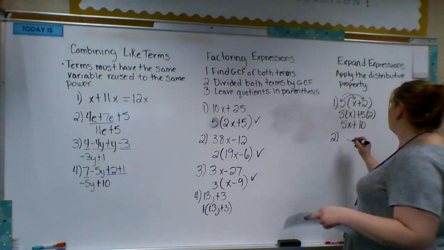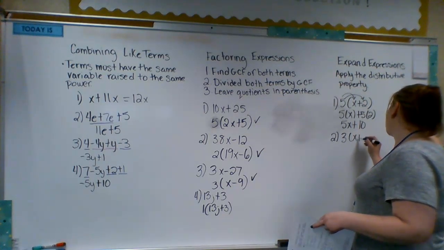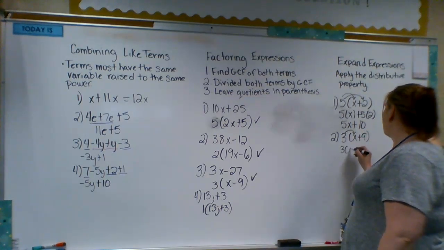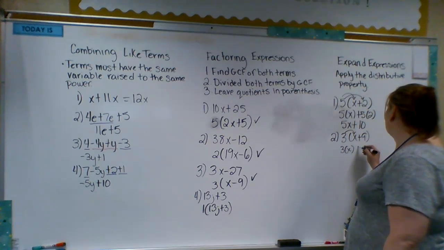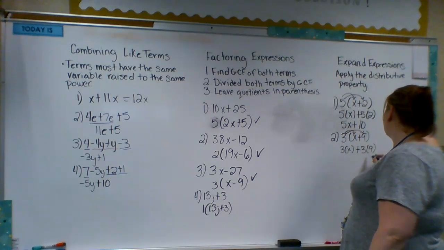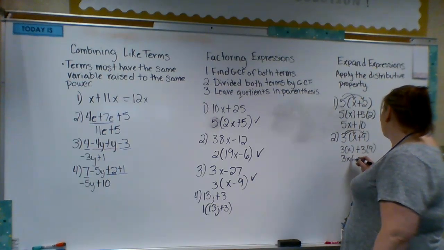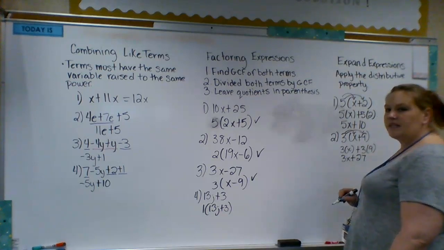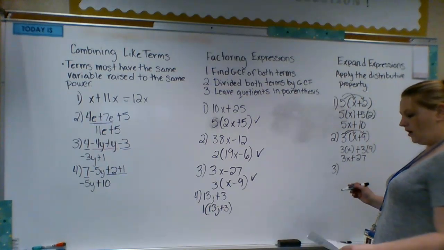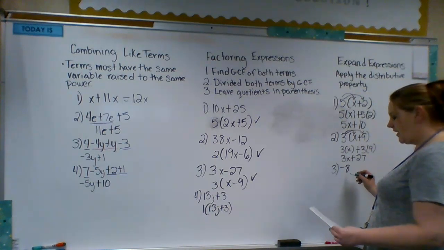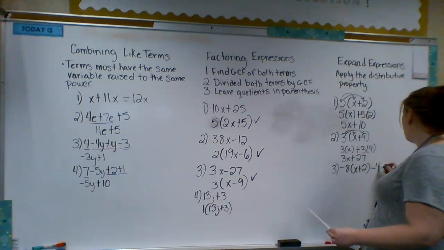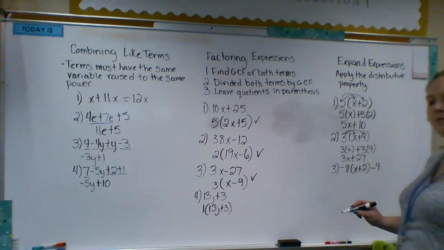Second example, 3 times x plus 9 is 3 times x plus 3 times 9. So 3x plus 27. Our next one, negative 8 times x plus 2 minus 4. These are going to have some terms we might have to combine in the end.